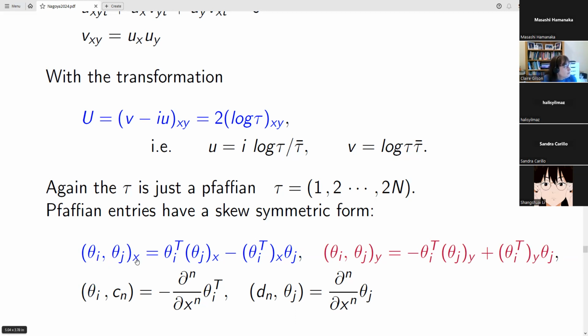If I differentiate with respect to x, I get this kind of thing that we've already seen, but now, instead of having an f and a g, you've just got thetas. So differentiating with respect to x, I get a theta times theta differentiated with respect to x, and then a theta x times theta of i's and j's. So this is my entry.